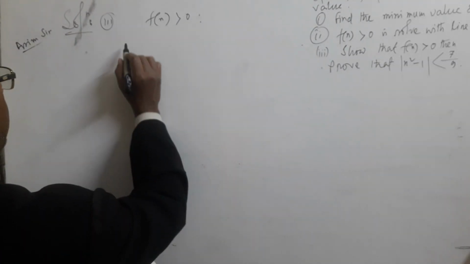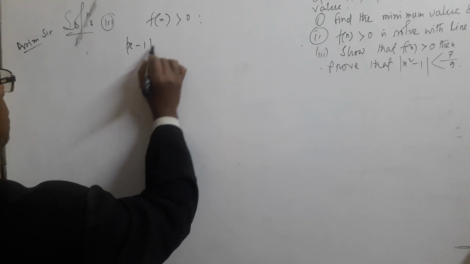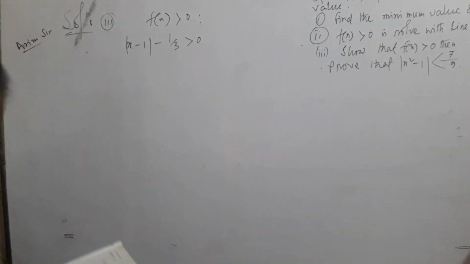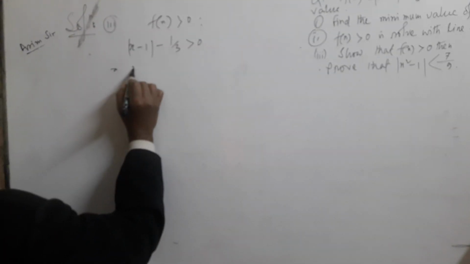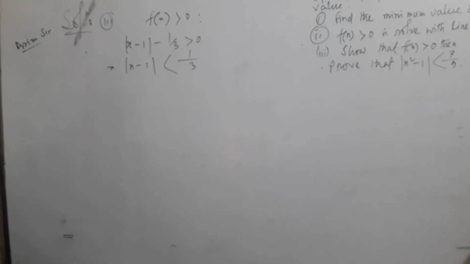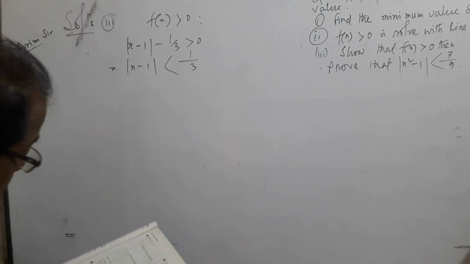So that's why modulus x minus 1 minus 1 by 3 is less than 0, which implies modulus x minus 1 is less than 1 divided by 3.